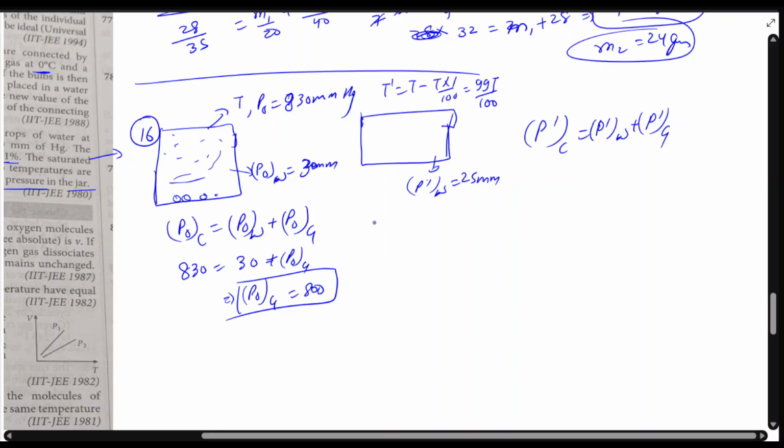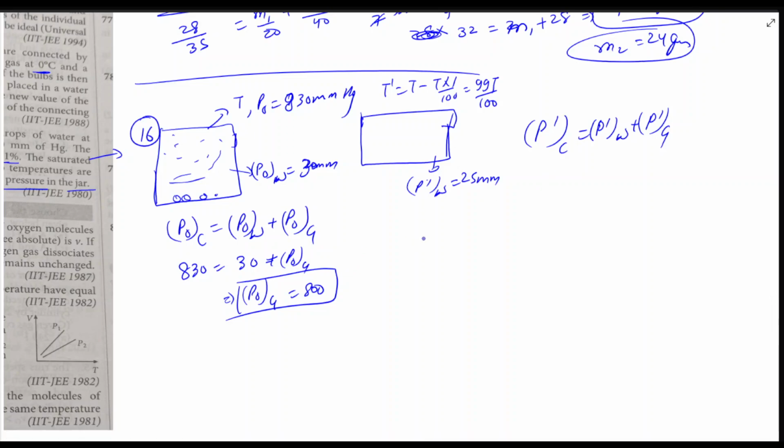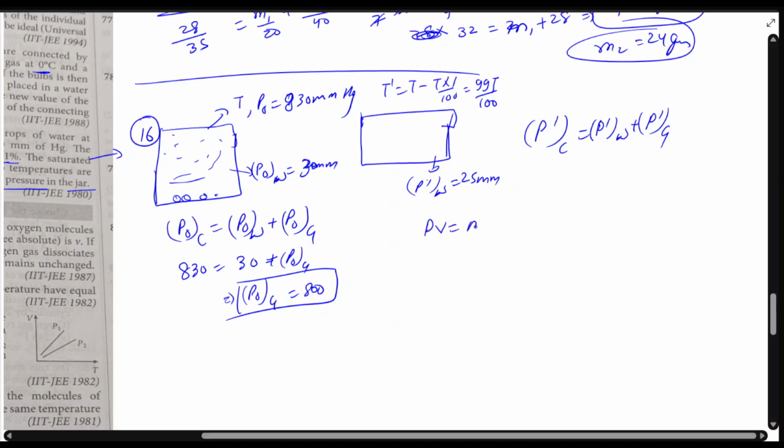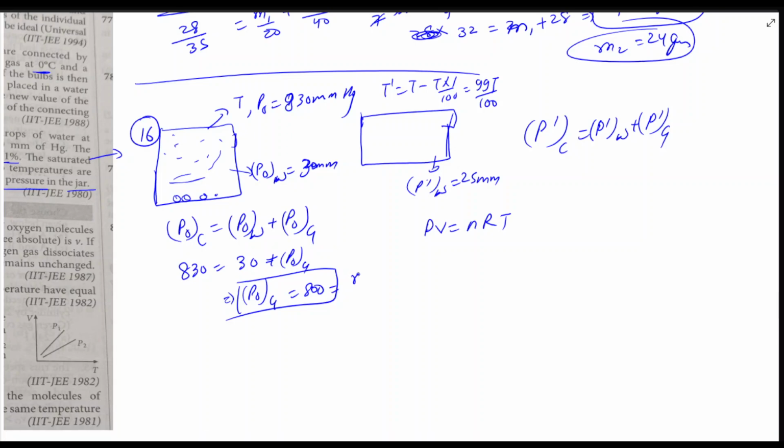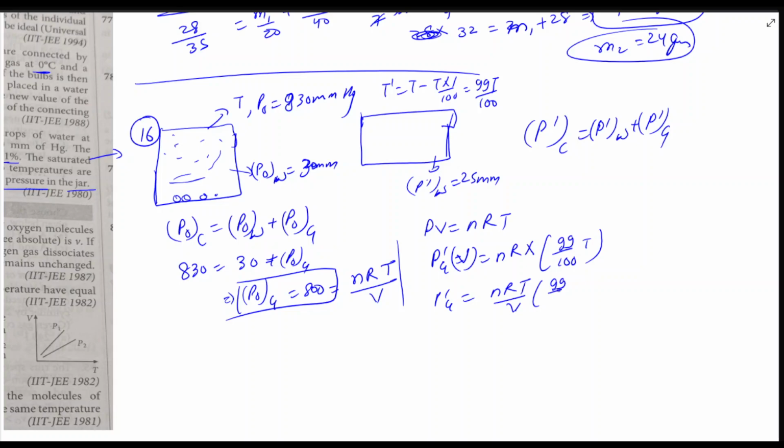Okay. Now let's find the new partial pressure of the gas and then we'll just add and we'll get this. So we know PV equals nRT. So this P naught G will be equal to nRT divided by V. Now the volume is the same, it is V, n is the same, R is the same, but the temperature will become 99 by 100 T. So P dash G will be nRT by V into 99 by 100.